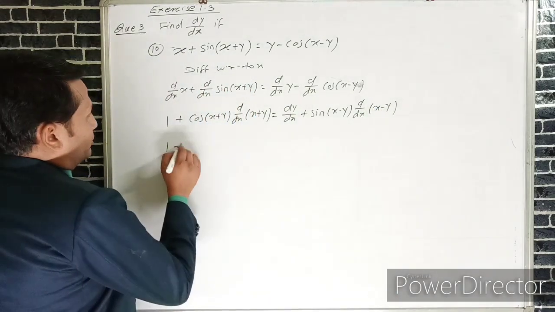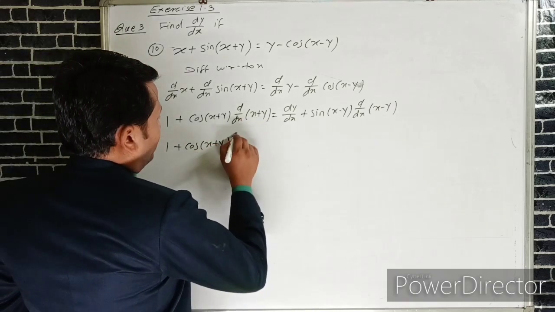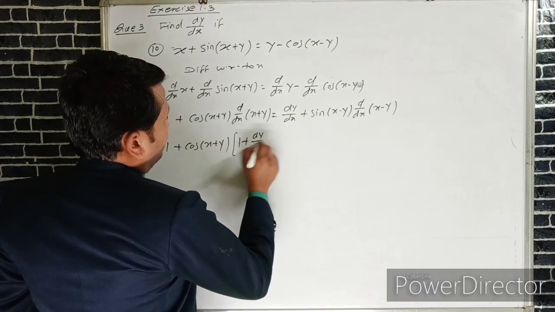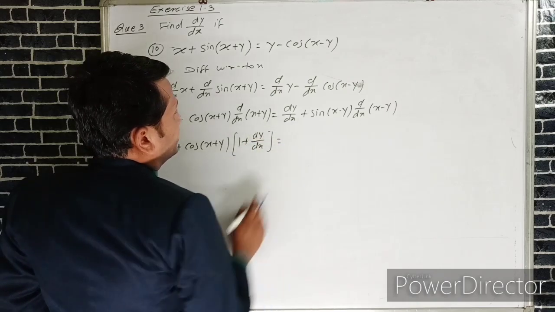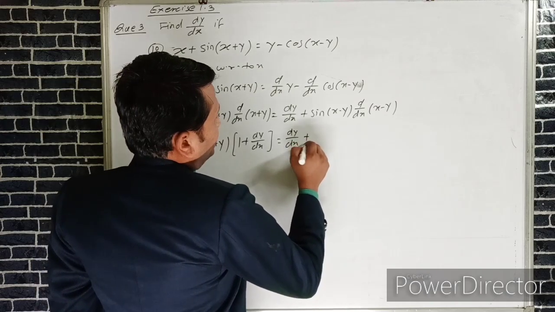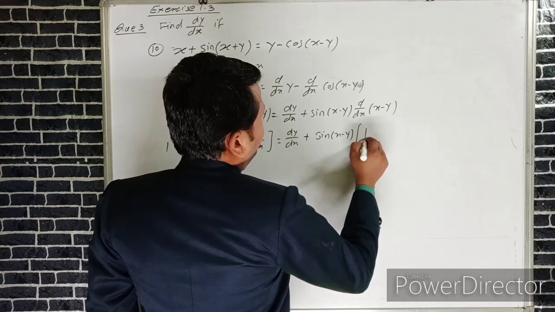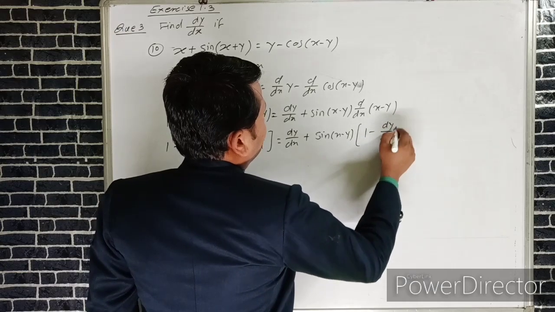Here 1 plus cos of x plus y, and the derivative of x is 1 and y is dy by dx, is equal to dy upon dx as it is plus sin of x minus y as it is into derivative of x is 1 minus dy by dx.